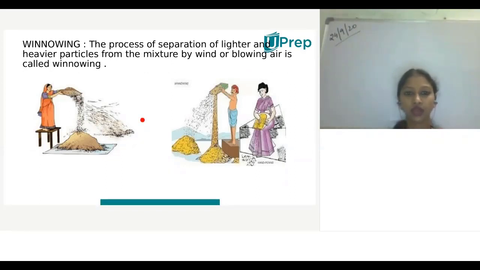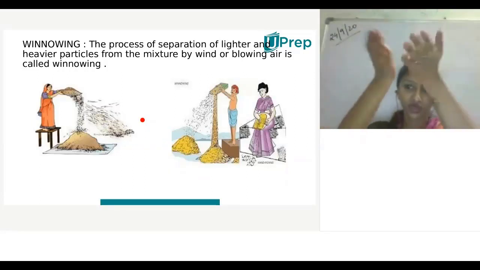Next one is winnowing. Winnowing is the process of separating lighter and heavier particles from a mixture by wind or blowing air. After the grains are collected, husk is present along with the grains. To remove the unwanted lightweight dust particles, we do winnowing.